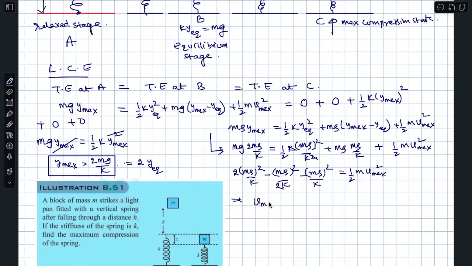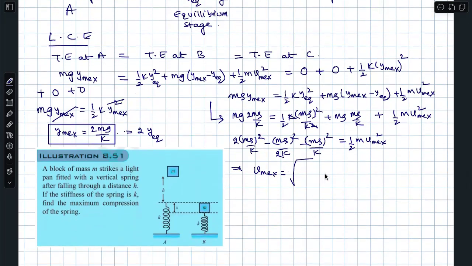So from this you can write v maximum is root, 2 cancel, I'm just concluding this simply, m by k times g.